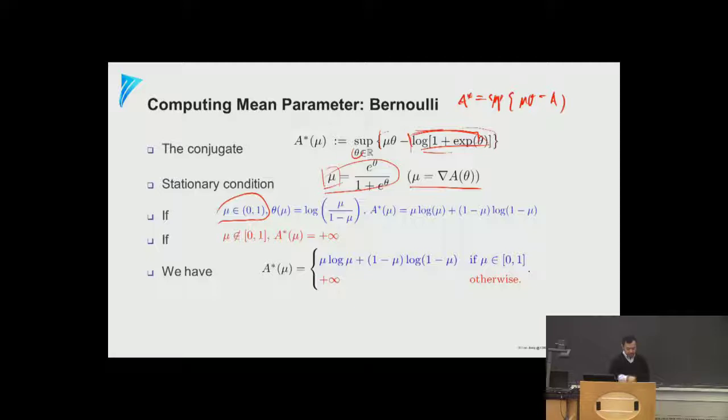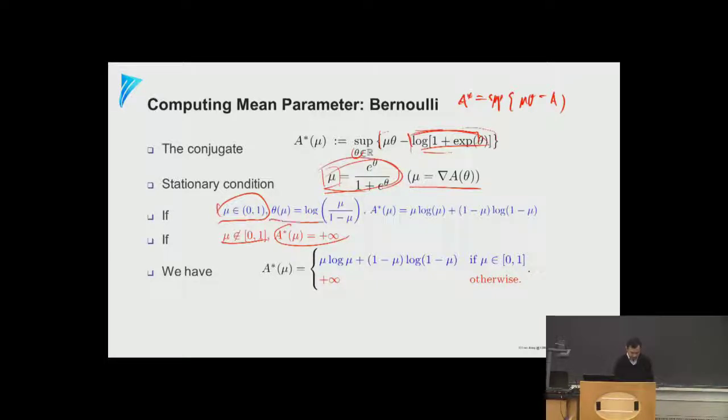If mu is outside of this range, then you can guess that this whole thing is unrealizable, right? But if mu is well behaved, then we have all these nice properties. This correspondence between theta and mu is valid.